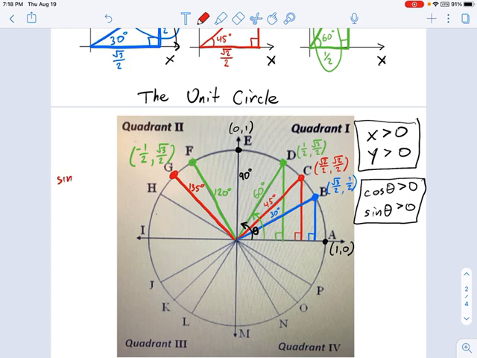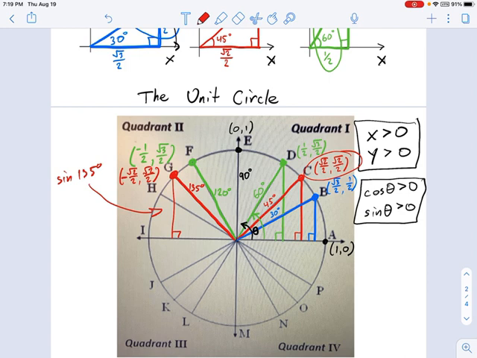Well, sine of 135 degrees is basically me saying, what's the y value at the point G? Okay, what is this distance right here? That's the sine of 135 degrees, that y value. And if you look over here, you can see we have everything we need. It's root 2 over 2 and root 2 over 2. Just be careful. The y value is positive, but you can see the x value is negative. So we have to keep track of that with a little negative sign right there.